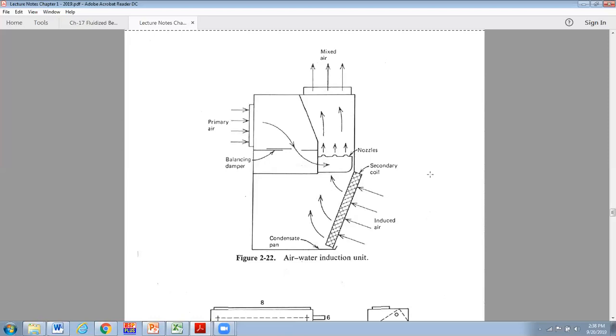And that induces room air as return air to flow across this secondary coil. And there could probably be a filter up here or down here, which is not shown. But this is a secondary coil that provides some additional cooling on this return air. It mixes with the primary air up here and shoots out into the space.